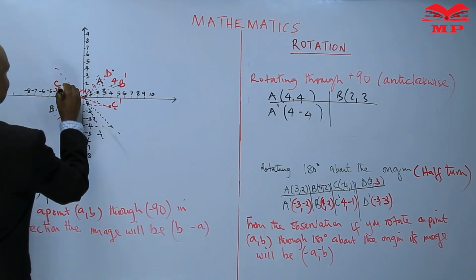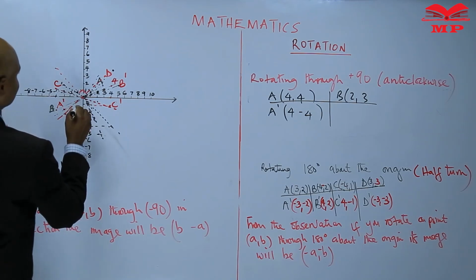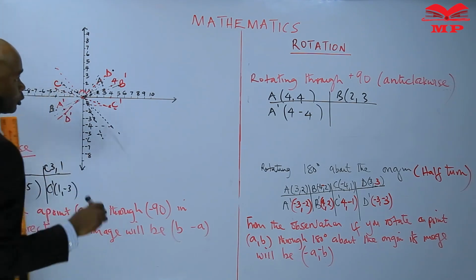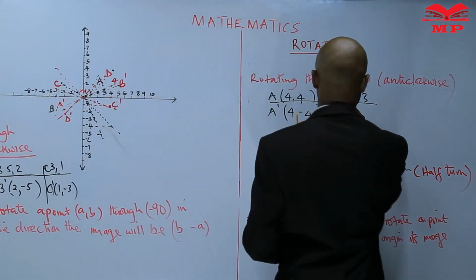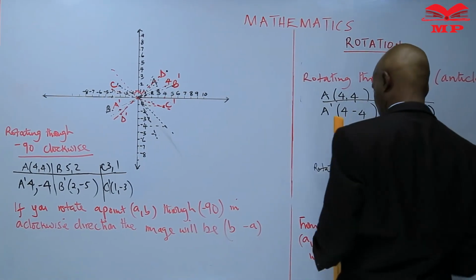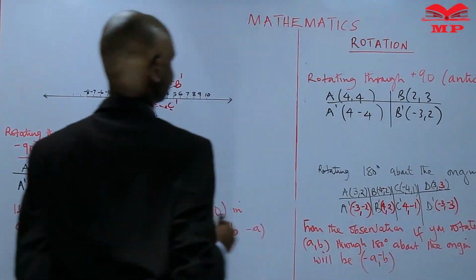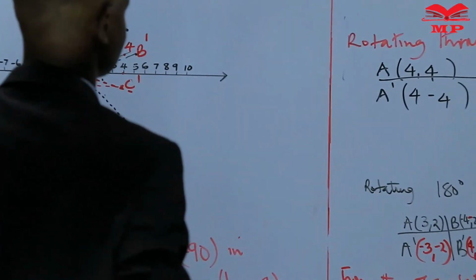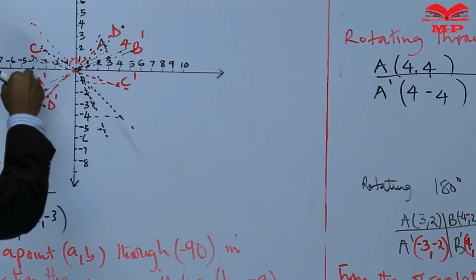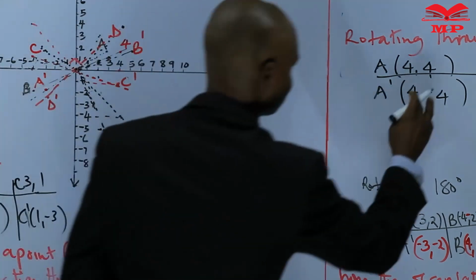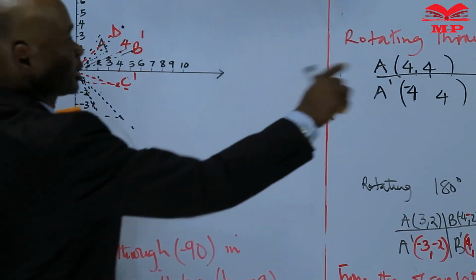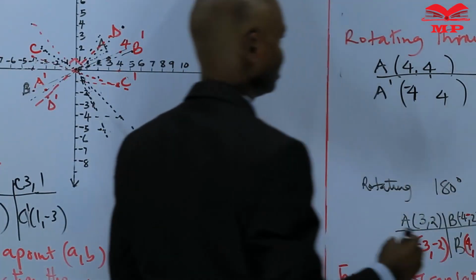It will come to -3, 2. So what is actually happening? We had 4, 4, it became -4, 4. We had 2, 3, it became -3, 2.